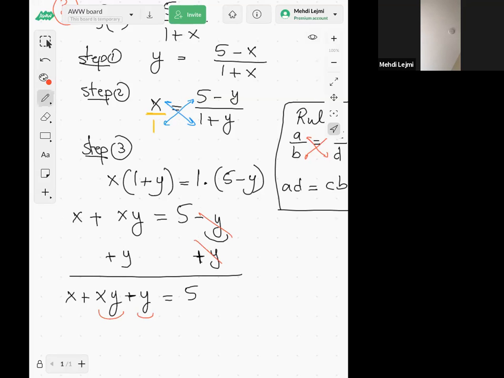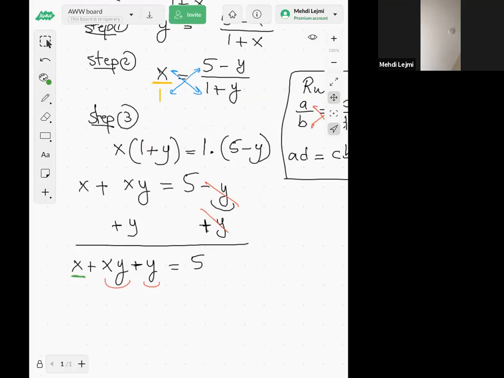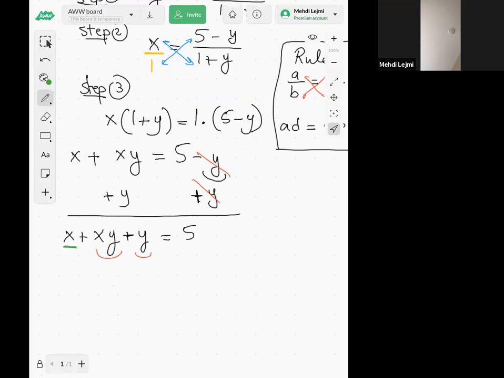There's this x here by itself, so I'm going to subtract x from both sides. x minus x, of course, cancels out. So this is xy plus y equals 5 minus x.